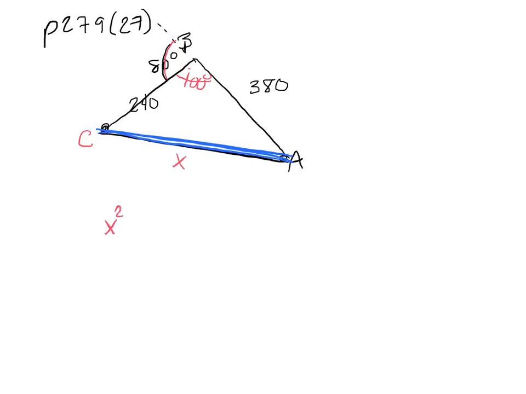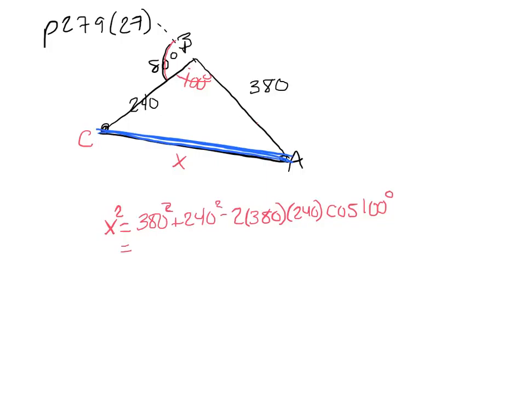So x squared equals, oh, this is gross, 380 squared plus 240 squared minus 2 times 380 times 240 times the cosine of 100 degrees.